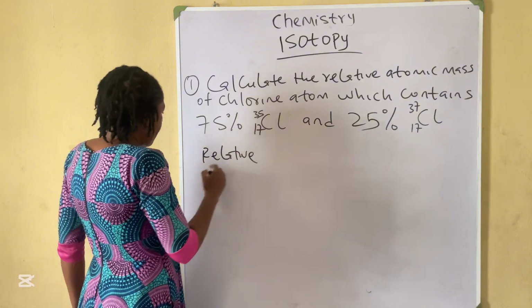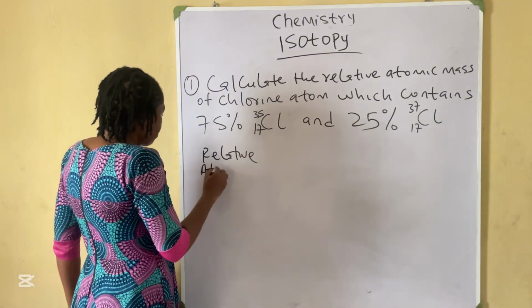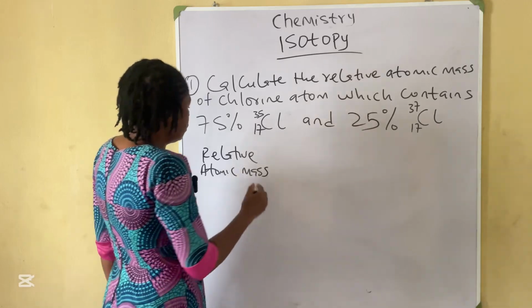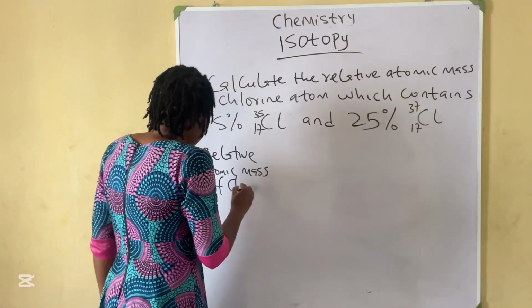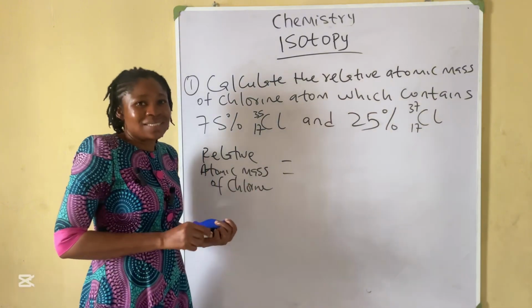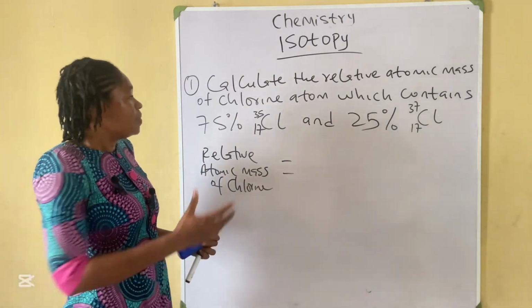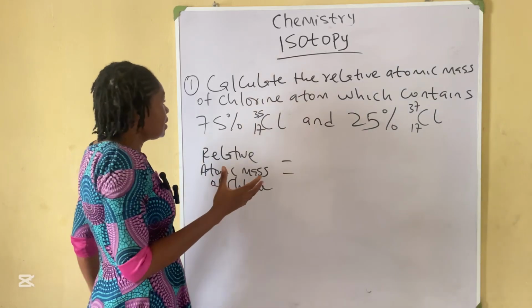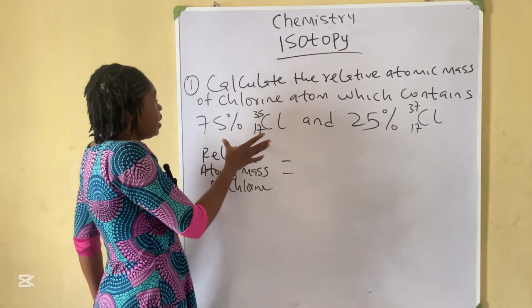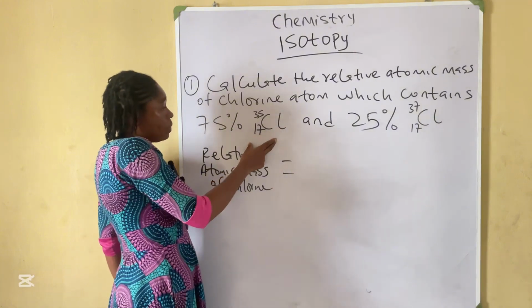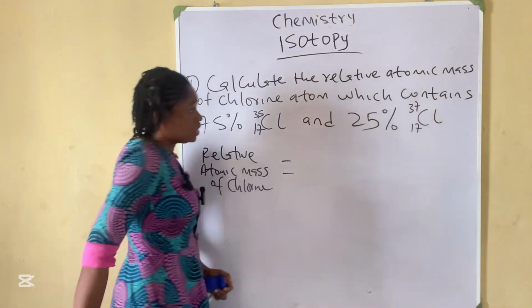Remember, the relative atomic mass of chlorine is contributed by each of the isotopic masses, one with mass number 35, another with mass number 37.